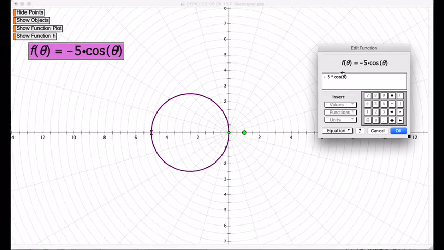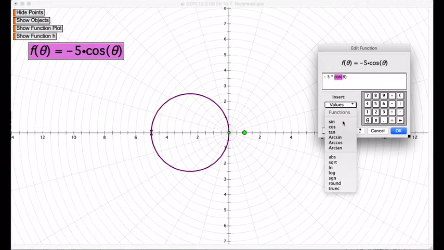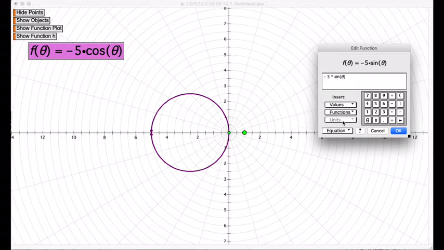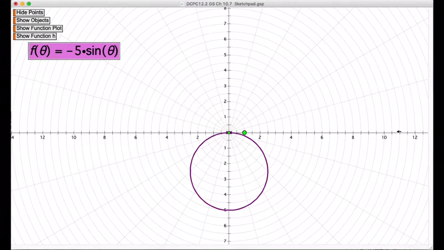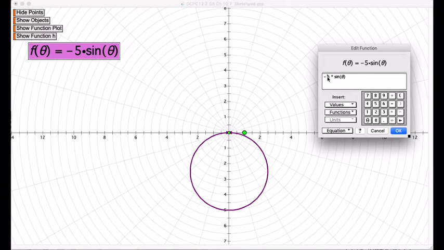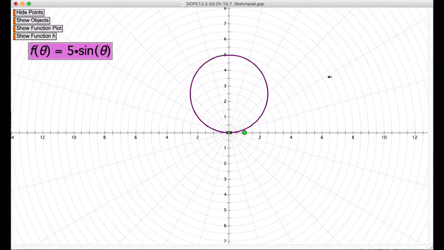If I were to change my function, so instead of cosine, we're now at sine, you can make an educated guess that instead of being stuck on that horizontal axis, we're now going to be on that vertical. Negative is going to be going down towards that 270-degree angle, or the 3π/2 radian. Whereas if I made this +5, we should be going in the 90-degree direction, or the π/2 radian direction.